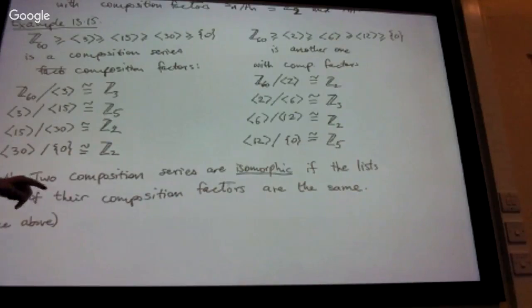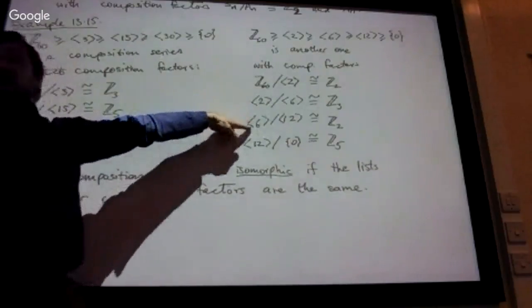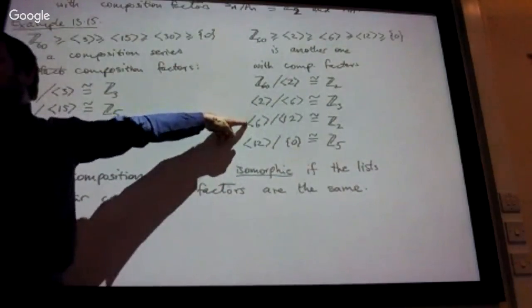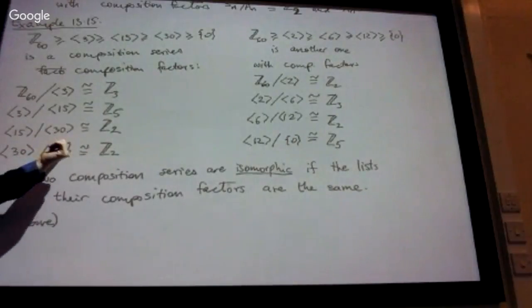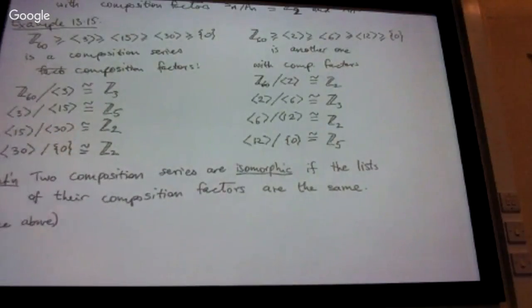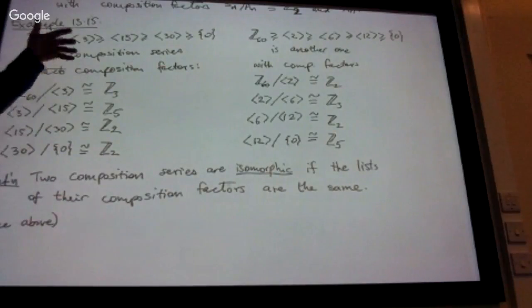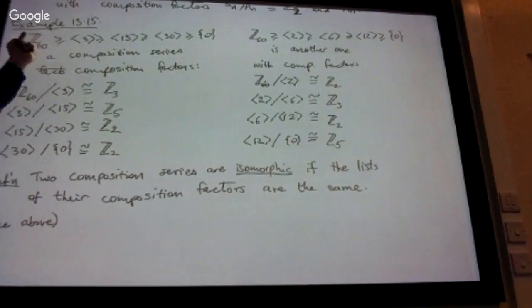If this one had two Z3s and only one Z2, for example, they wouldn't be isomorphic, because that would give you a different group order at the top. So I can't say the set of composition factors, because that would ignore how many times each of them comes up.